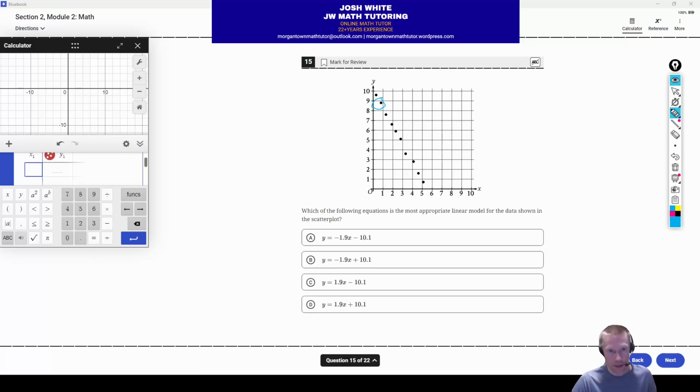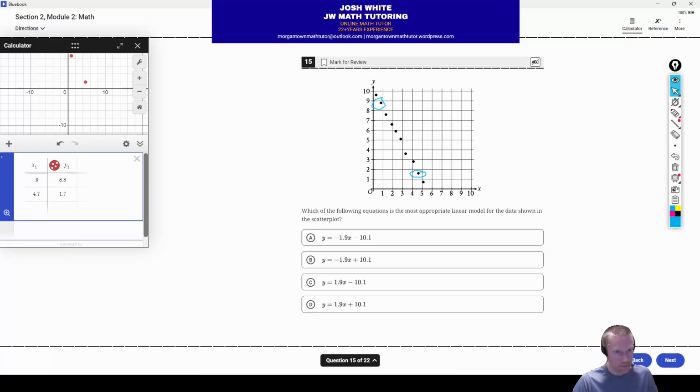It looks like it's like 0.9 for the x and maybe 8.8 for the y. And for my second point, let's just pick this one right here. Again, we're just estimating, and that's fine: 4.7 for the x and 1.7 for the y.